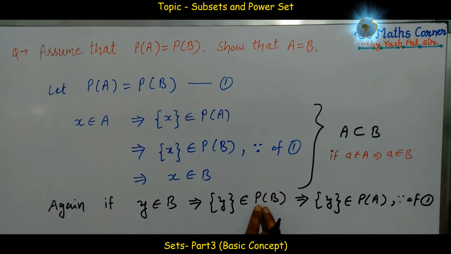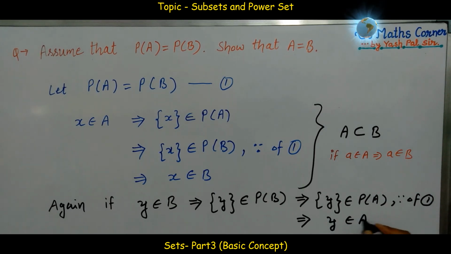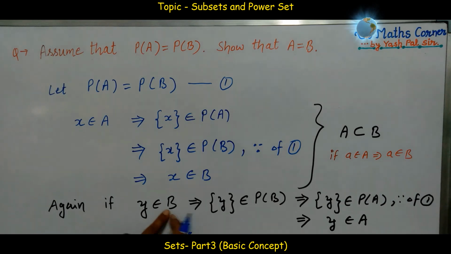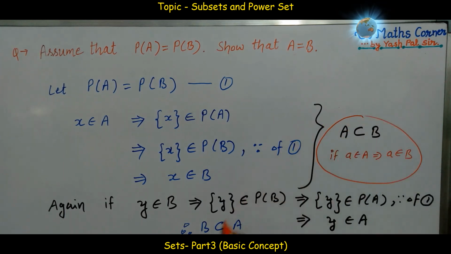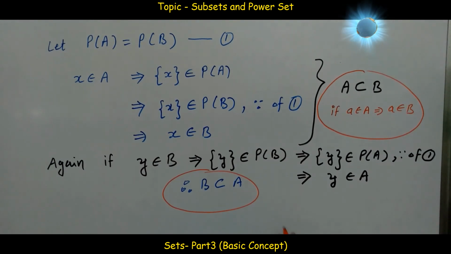So again the conclusion is y belongs to A. So what we say here again is B is a subset of A. So from these two cases, number 1 and number 2, the conclusion is A is equal to B. That's all. Thank you very much.